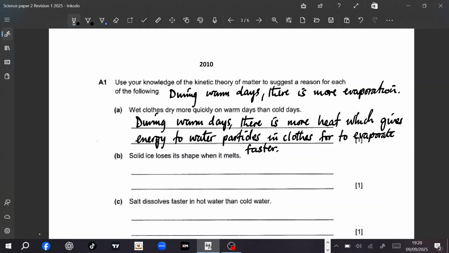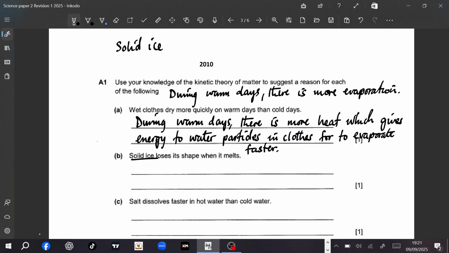Then, solid ice loses its shape when it melts. So we have ice, which is saying solid ice will lose its shape when it melts.